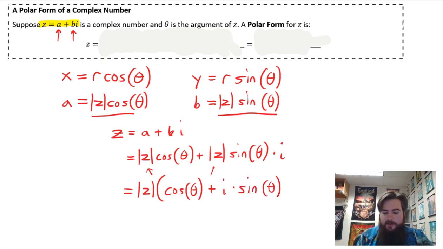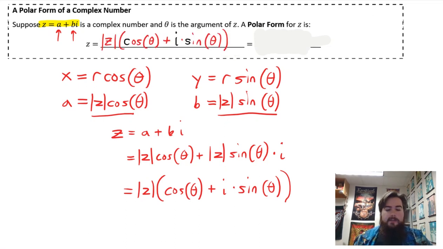I chose to reorder i to be in front of sine of theta here. This would be the complex polar representation for a complex number: modulus of z times the quantity cosine of theta plus i times sine of theta. This is one way to represent that in polar form.